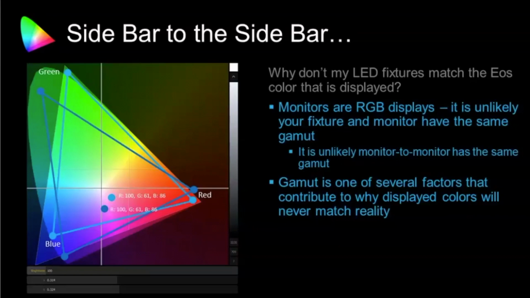When we get into gamuts with more than RGB, that also starts to affect how this looks, because if you have an RGB fixture, that's great. But if you have an RGBA fixture, your monitor doesn't have amber emitters. So immediately you're losing out on some of the spectral contribution of that fixture on your monitor. So I like to say that all of these color spaces, all of these color picking tools are orientation spaces, right?